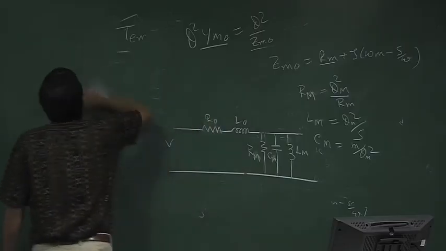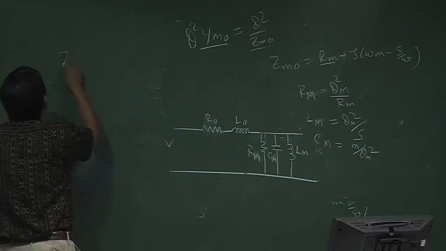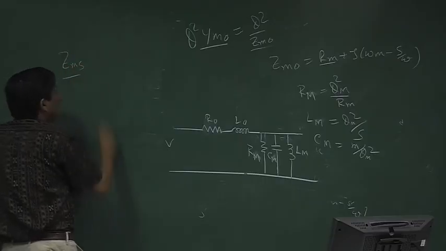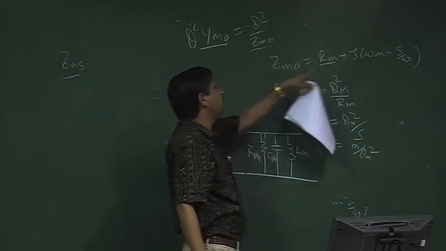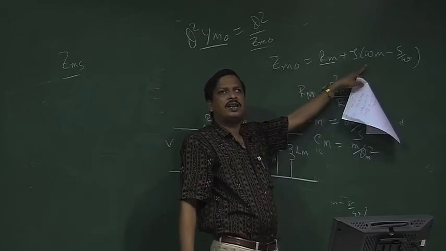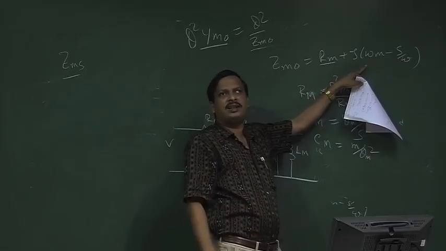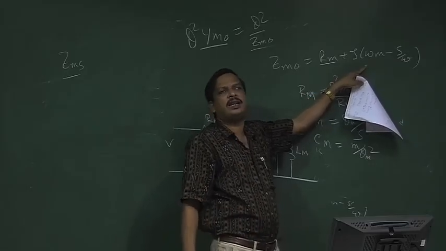Now, ZMO I know. What I do not know is ZMS. ZMO means open circuit mechanical impedance, which I know. What is the closed circuit or short circuit? If I apply a current, that means I connect the electrical circuit, then what should be the mechanical impedance?